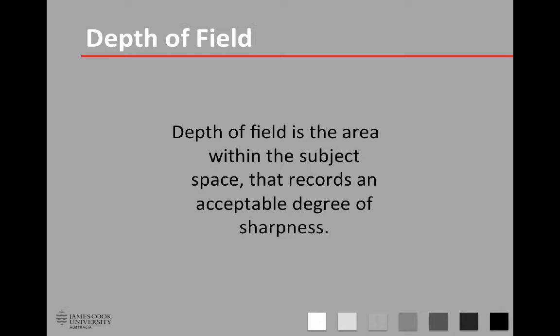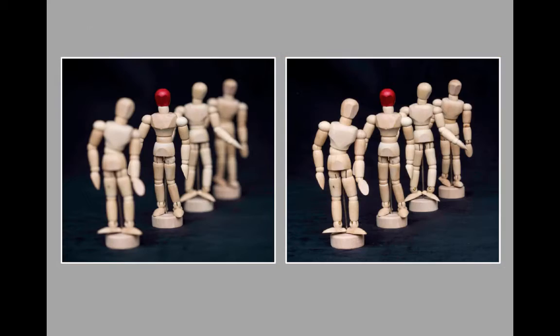So let's define this concept. Depth of field is the area within the subject space that records an acceptable degree of sharpness. We saw how the areas of acceptable sharpness appeared in the diagrammatic examples. However, does this actually apply in real photographs? The answer is yes, of course.